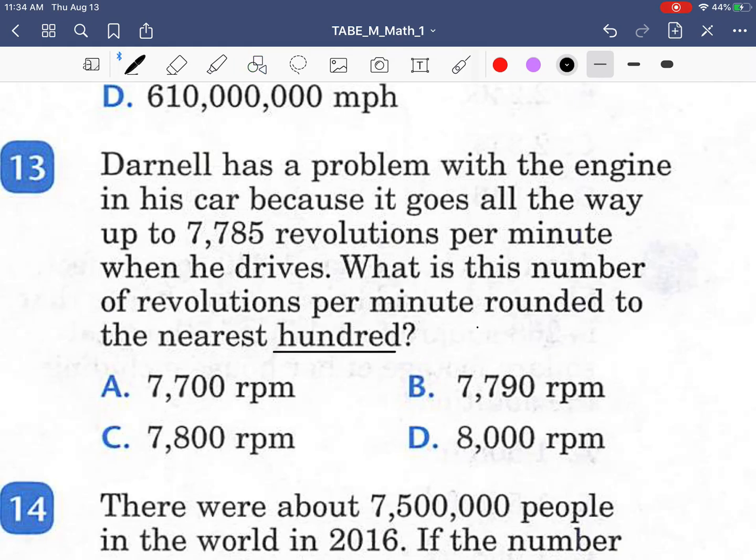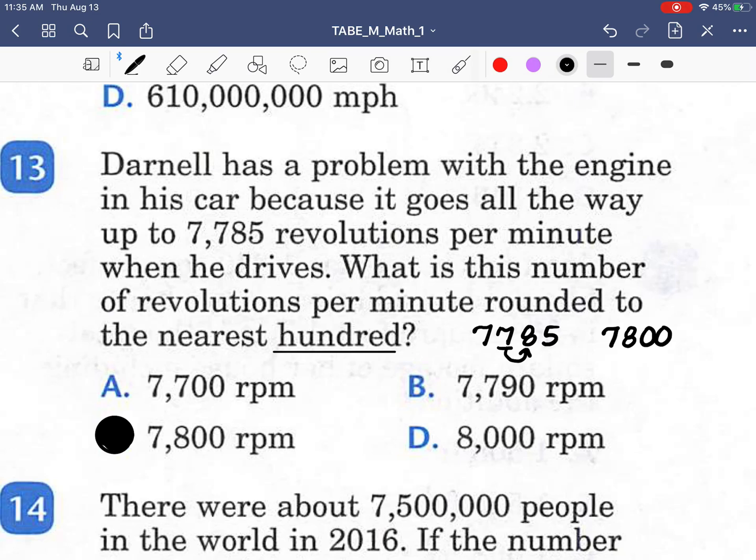So we have 7,785. The neighbor says round up. So that 7 becomes an 8. The neighbors round off. Looking at 7,800 revolutions per minute. That is a problem for his car, but not a problem for us to round. Number 13 is C.